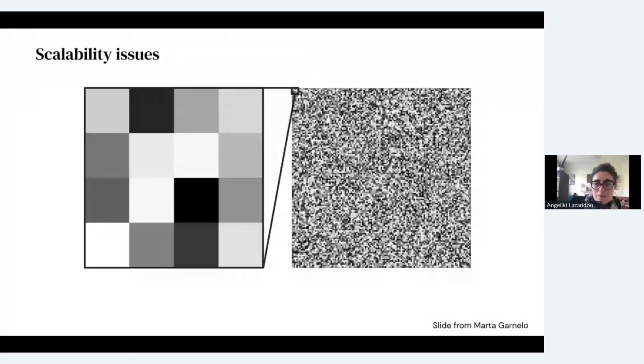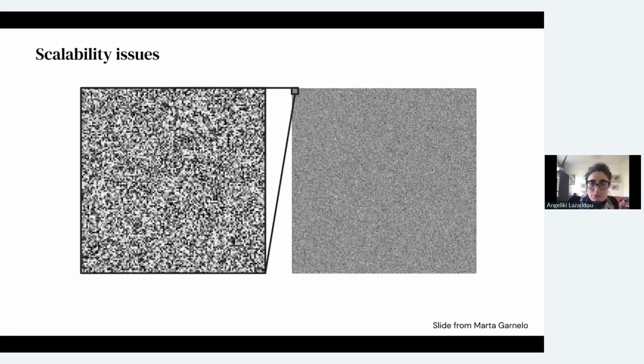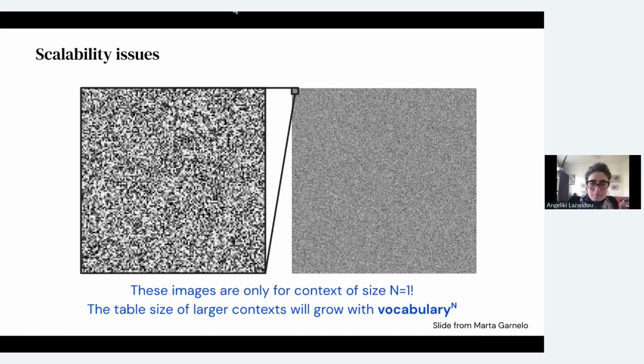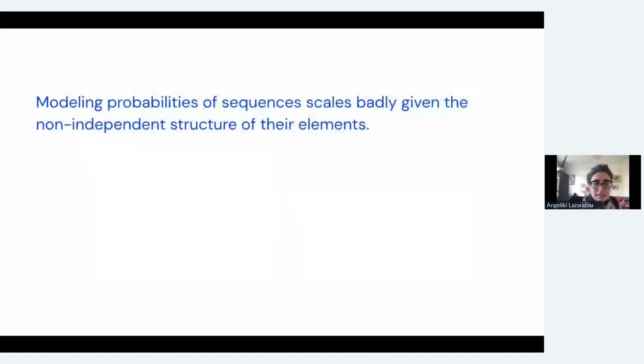So we are faced with a very difficult problem of scaling up the counting to many more things, because all these counts basically grow exponentially the more context we want to account for. So we are faced with a very hard problem, basically, because of us wanting to have an expressive model.